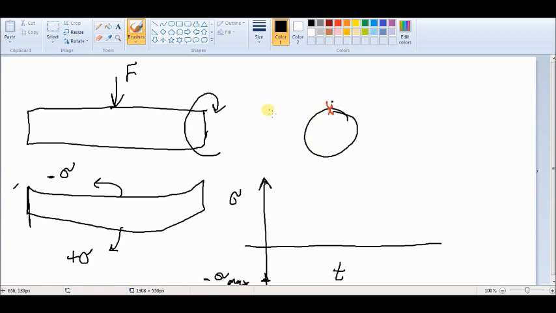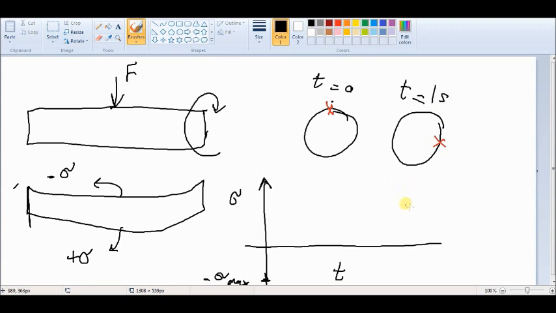When the shaft starts to rotate, let me say at time equal to 0, this point will move to here. Maybe I would say that it is at time equal to the first second.